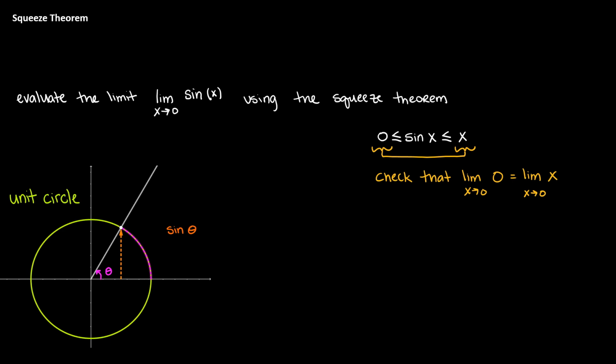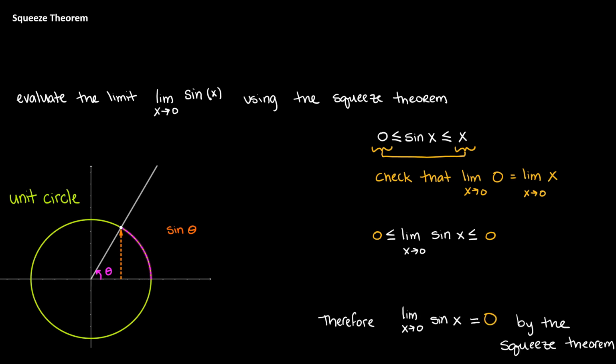Yeah, it absolutely is, which means we can take the limit of all three terms of that inequality, and then we'll see that our limit, sine x when x is approaching 0, is squeezed between two equal values, which means we can conclude that the limit we're looking for is equal to 0. We just demonstrated using the squeeze theorem to evaluate a limit. Let's try another one.